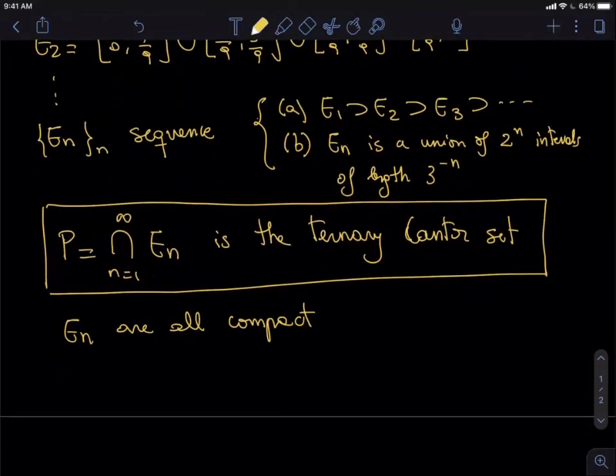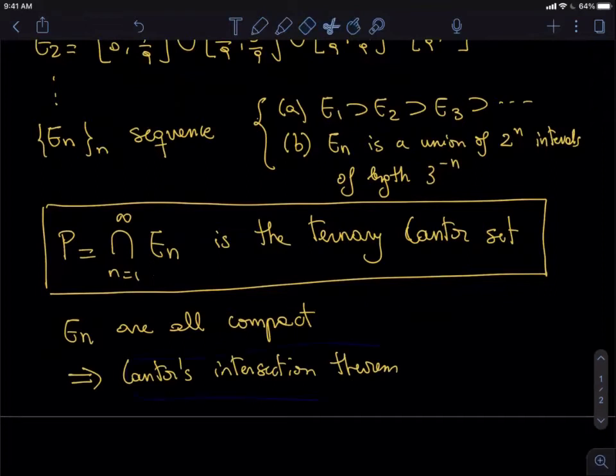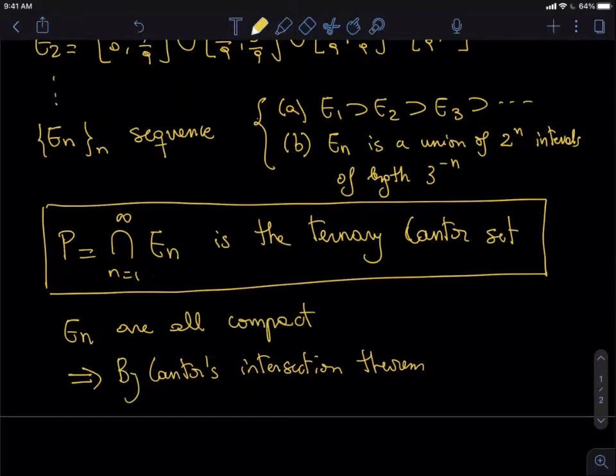So we have, by Cantor's intersection theorem, that P is non-empty.